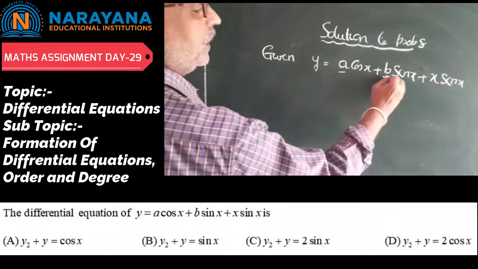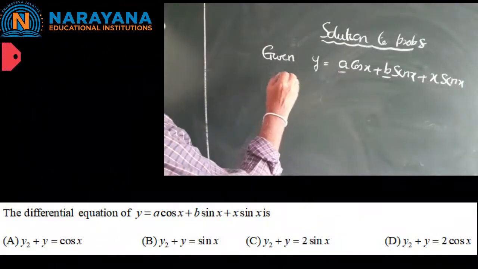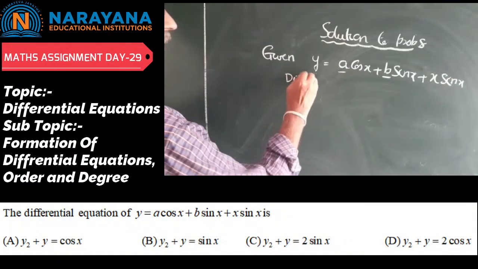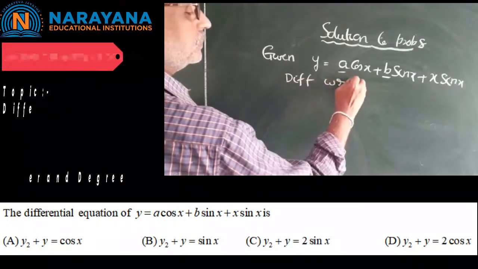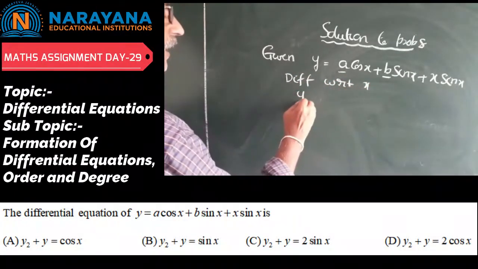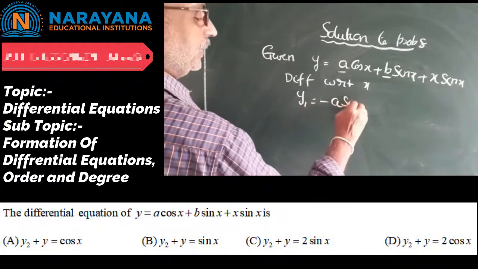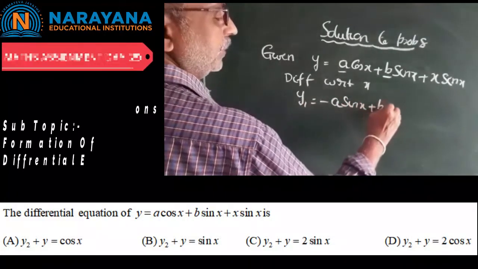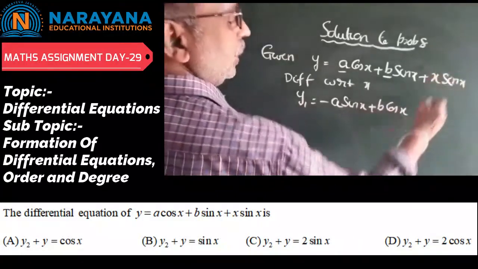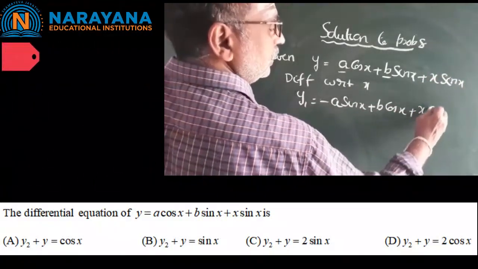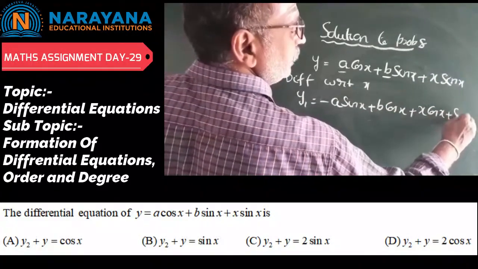Here a and b are arbitrary constants. So differentiating with respect to x, y1 equal to minus a sin x plus b cos x. Apply product rule there: x cos x plus sin x.